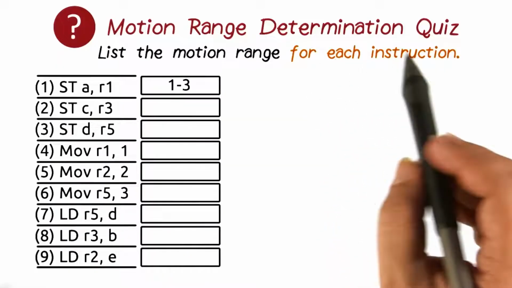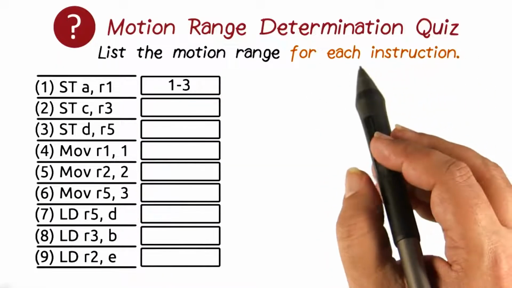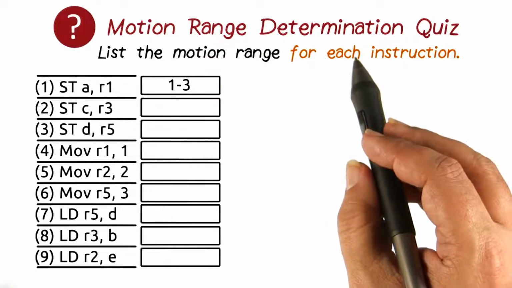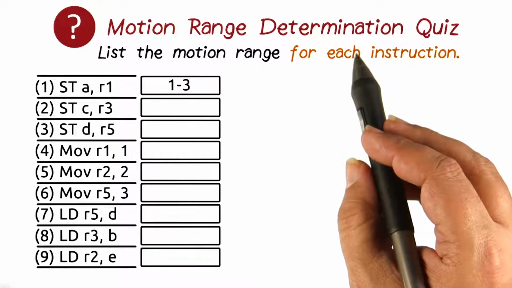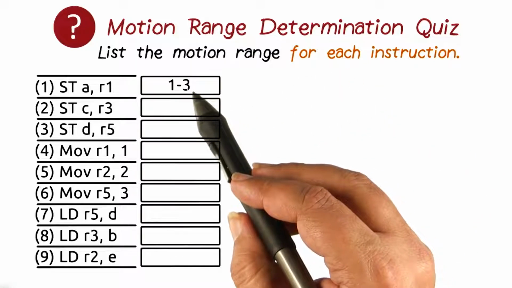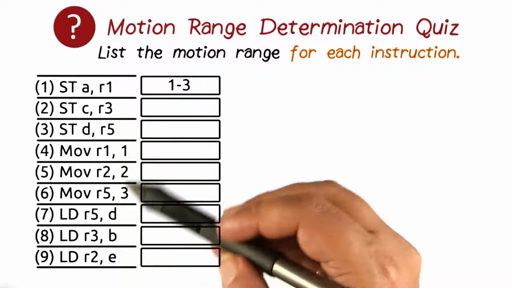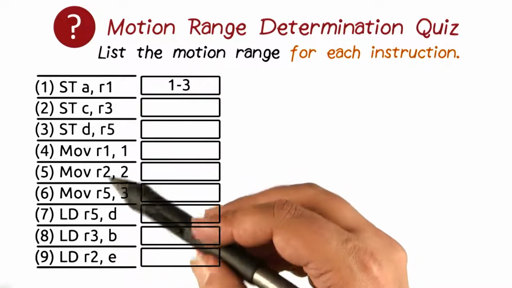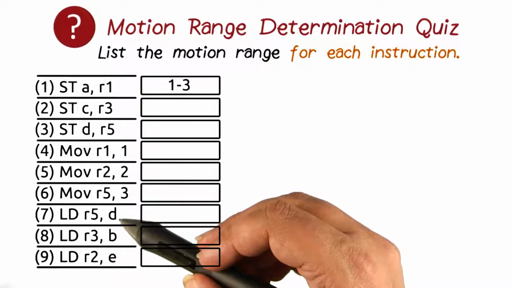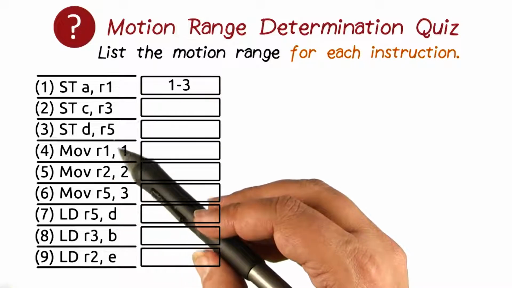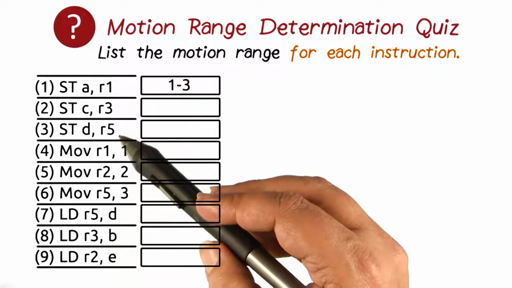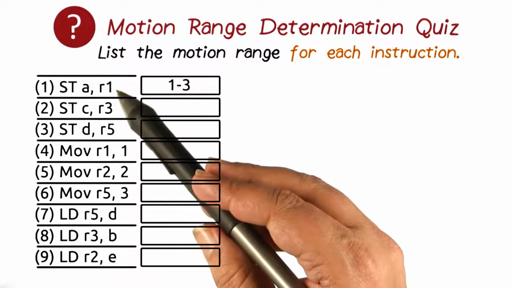Okay, let's do a quiz on the motion range determination. That's an important concept that we had seen in terms of how much we can move these load stores to be able to combine with the other load stores. We have shown to you here one sample. This is a sequence of stores and moves and loads which uses different registers which access different parts of memory. With regard to these, we have shown that the motion range for 1 is going from 1 to 3 because of the register dependency.